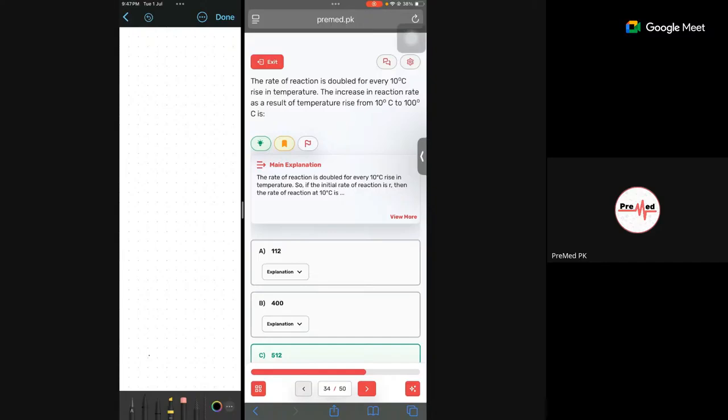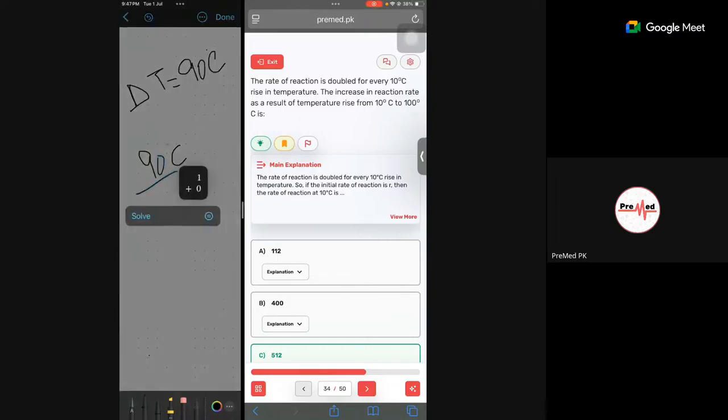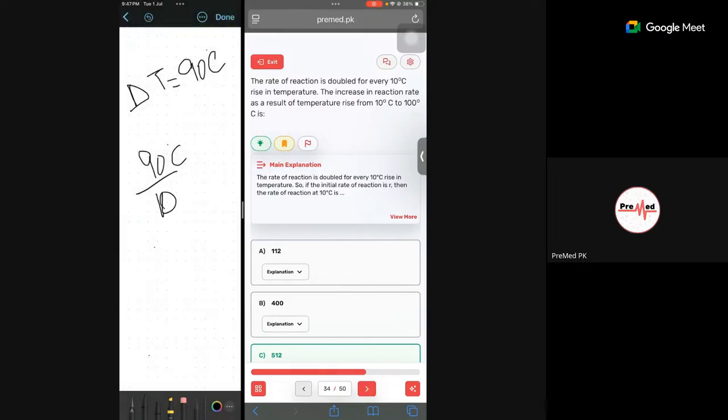The increase in reaction rate as the temperature rises from 10 degrees C to 100 degrees C: so the change in temperature is 90 degrees C. We divide it by every 10 degrees C rise, 90 divided by 10, which is 9 steps.